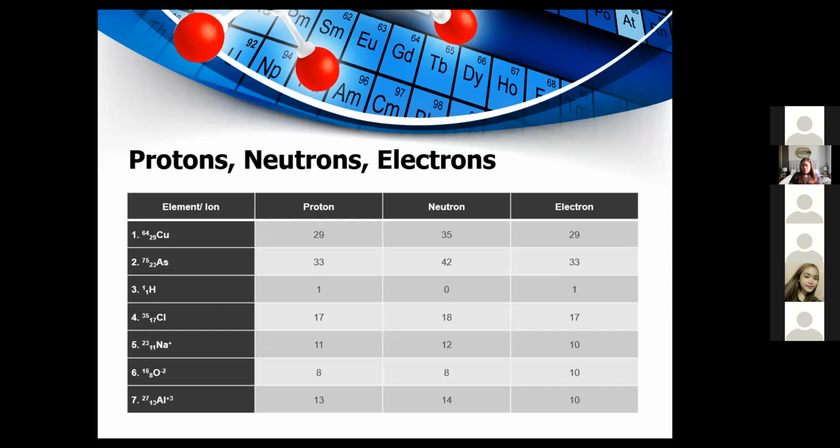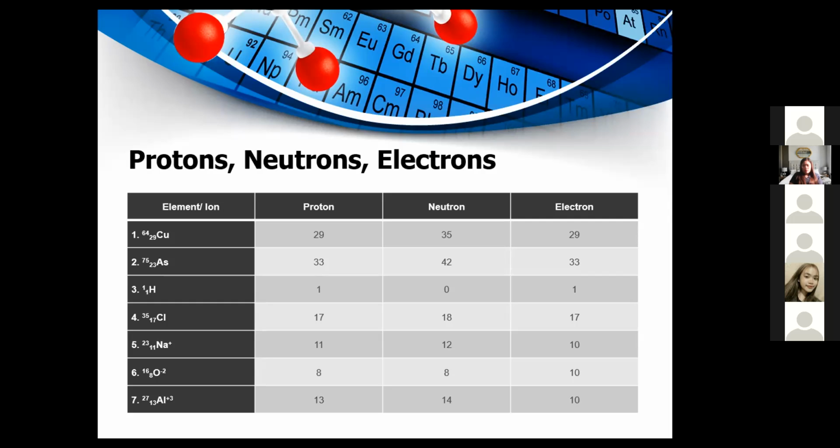So in here, we are given the task to predict the number of protons, neutrons, and electrons of the following elements or ions. So number 1, our element is copper with an atomic number of 29 and atomic weight of 64. In finding the proton, we know that it is equal to our atomic number, so our proton is 29.